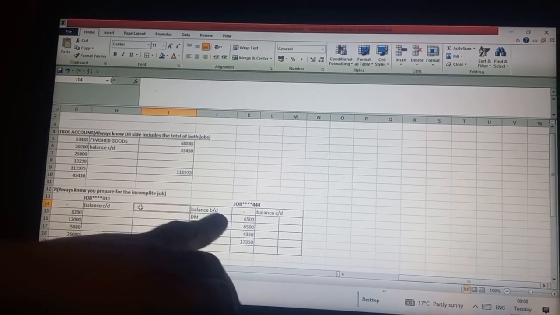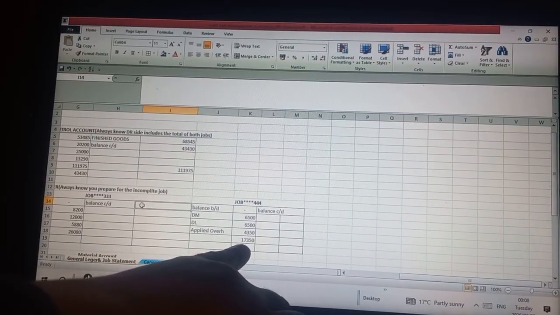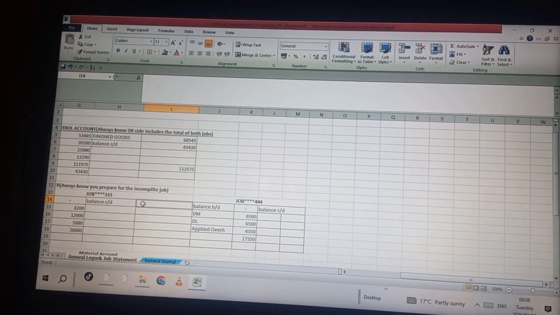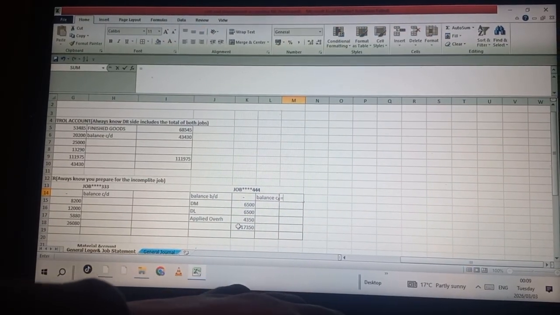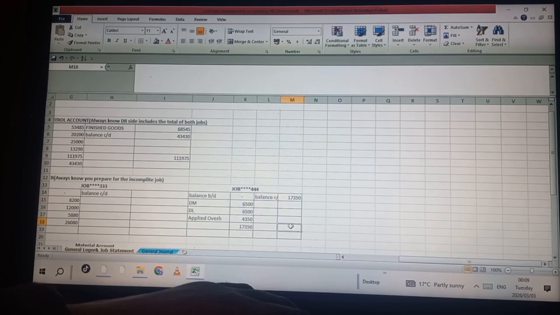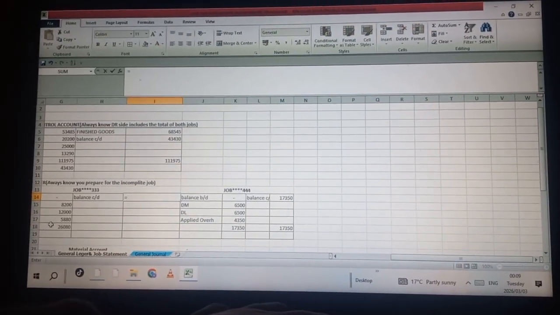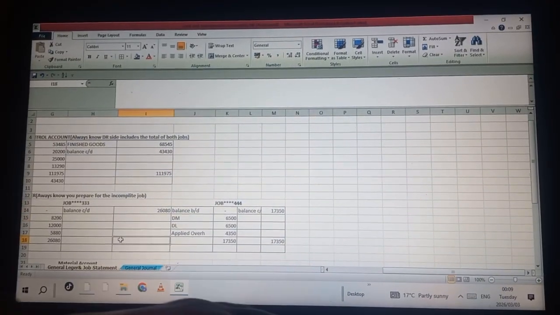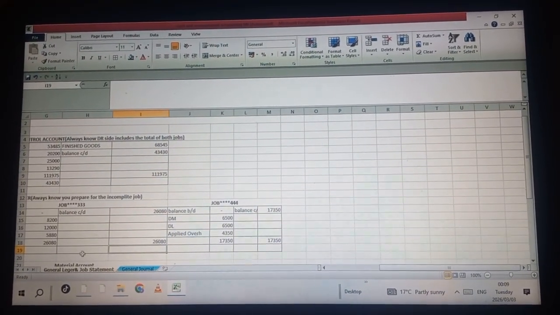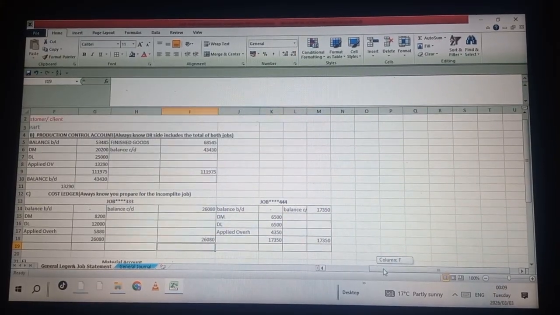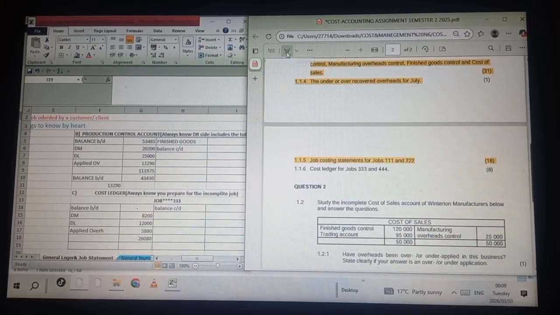And then balance carried down for 444, 17,350. And also here you need to write it so your account can balance. This is it, guys. This is how you do your cost ledger for both jobs. Done with our 8 marks.